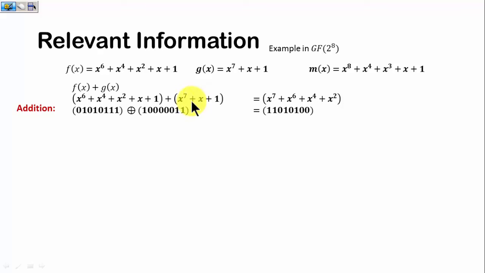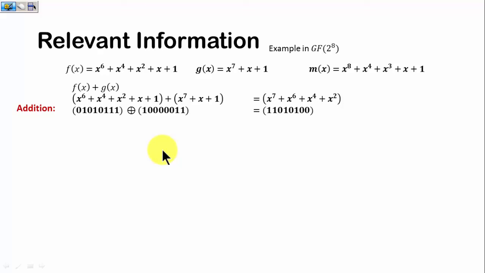And similarly the binary for this notation, when you perform the XOR operation, results in the value 1 1 0 1 0 1 0 0. Now this in the polynomial notation is x naught, x1, x square plus x4 plus x6 plus x7, which is written over here, right?